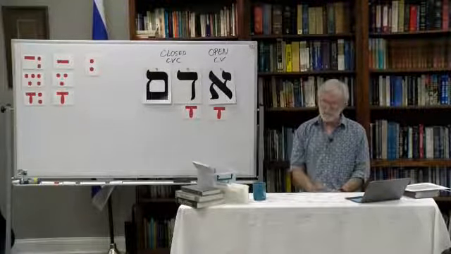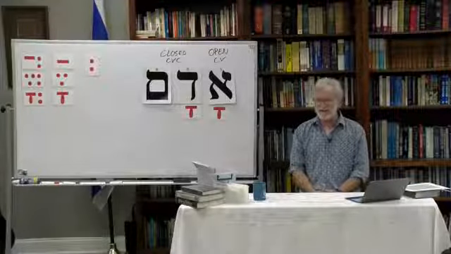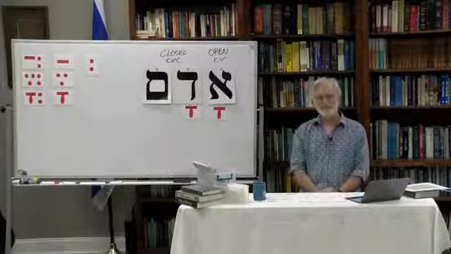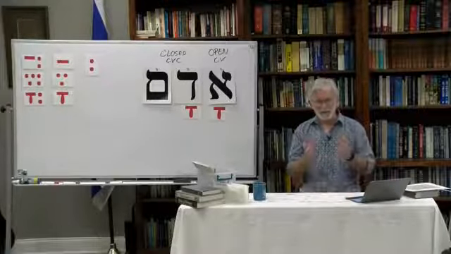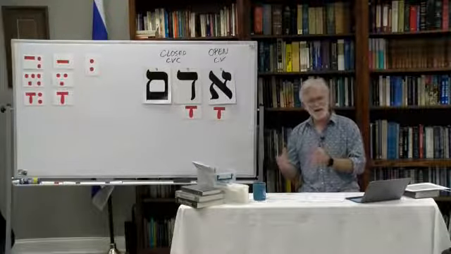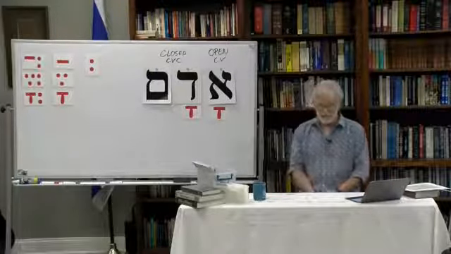So an open syllable consists of a consonant and a vowel. A closed syllable has a consonant opening up the syllable. It has a vowel, and it has a consonant which closes the syllable.